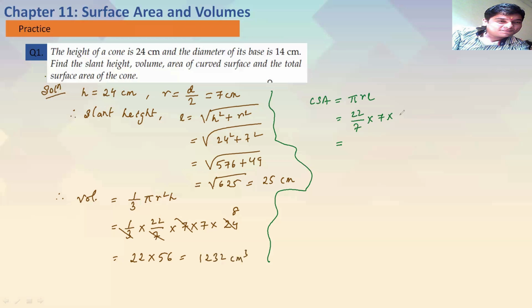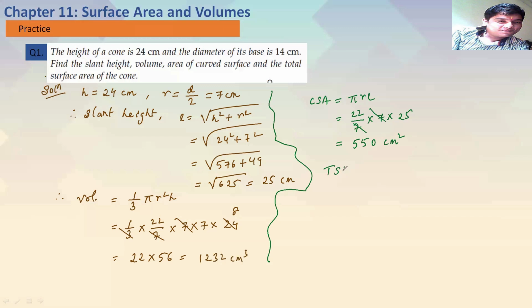What is it going to be? 22 into 25. 550. Yes, sir, I got 550.